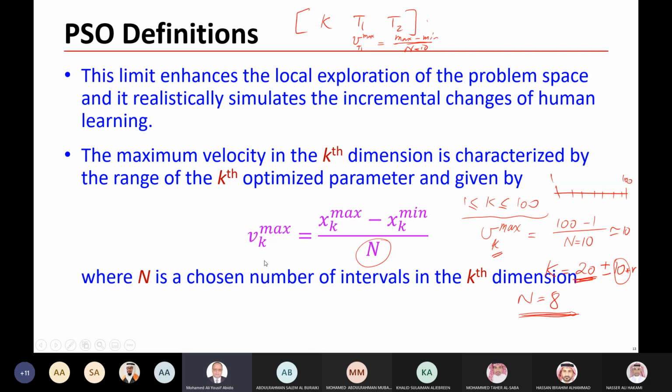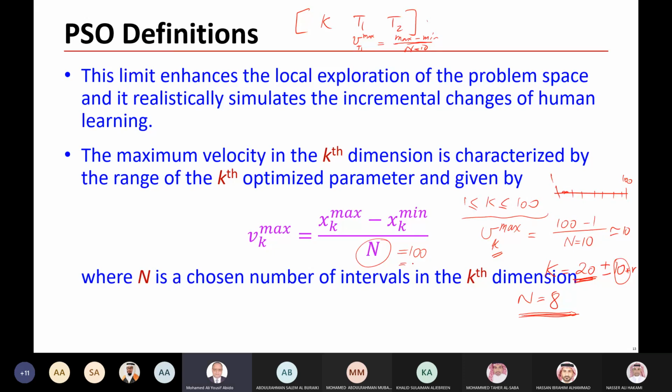Of course, you have to compromise here, because if you make n equal to 100, for example, you are limiting the change in the position and the velocity. Now the maximum velocity will be 1, so the movement of any particle will be very limited. Okay, so this is if n is very high.